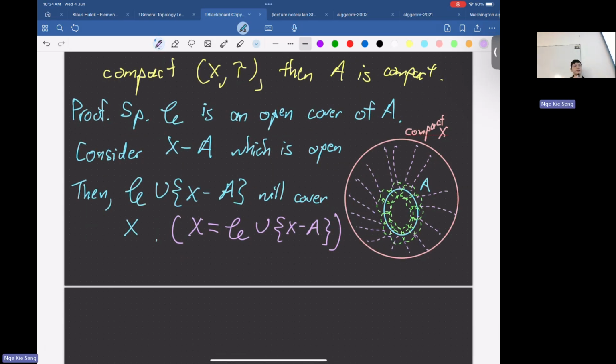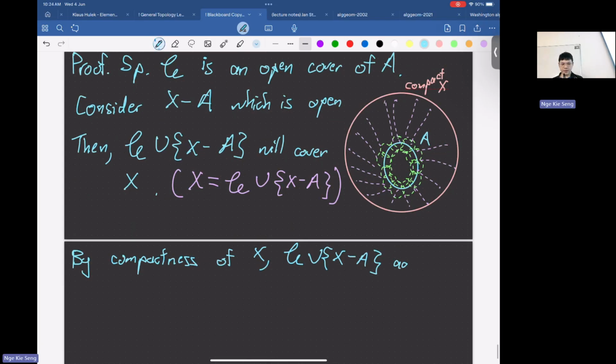Okay, and then from here we can use the compactness of X. By compactness of X, C union X minus A admits a finite subcover.